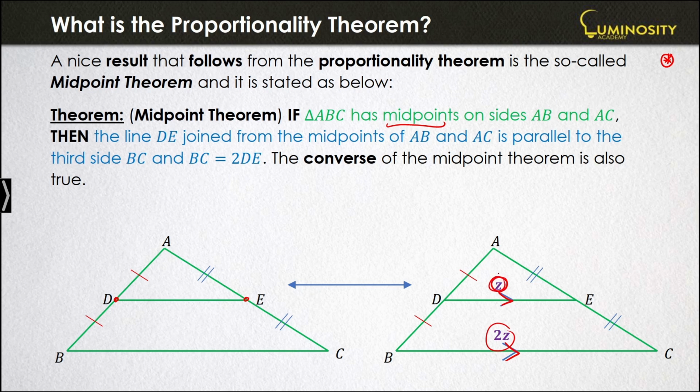The converse of the midpoint theorem is also true: if a line goes from a midpoint to another point and is parallel to the third side, then that other point is a midpoint of the other side. The midpoint theorem is just a special case of the proportionality theorem where we can actually work out the length of the third side. All right, so that is the proportionality theorem.